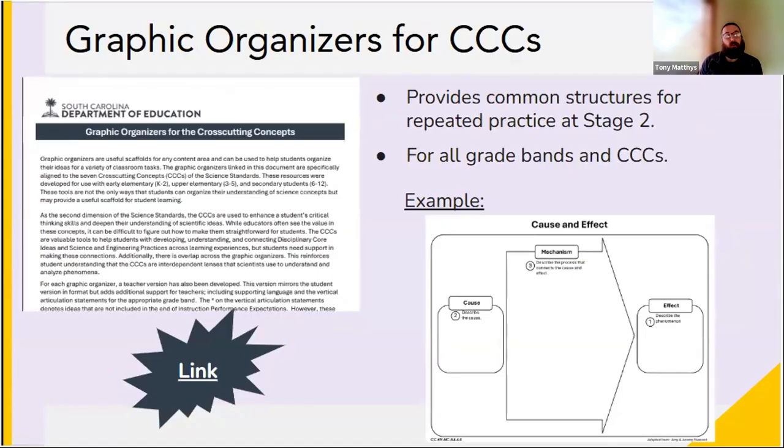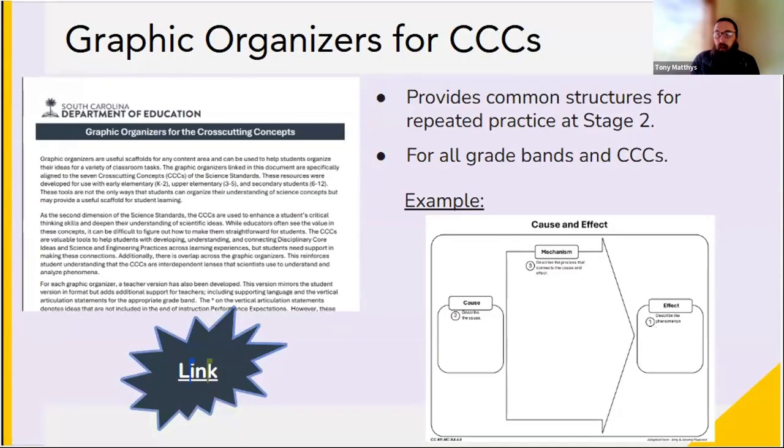They have all sorts of organizers for all the CCCs, all different grade bands. And they can be helpful for reinforcing some of the important vocab and making things a little bit more explicit. So here, showing how mechanism is the link between cause and effect.